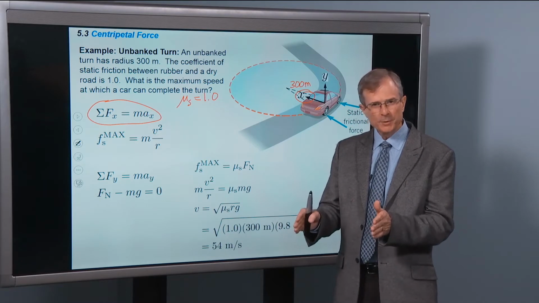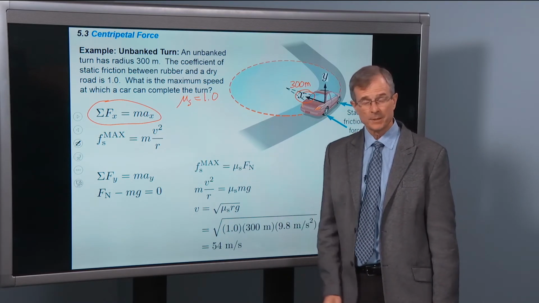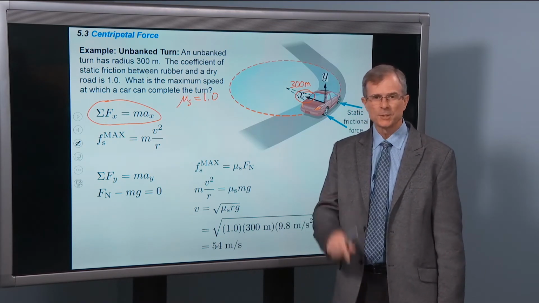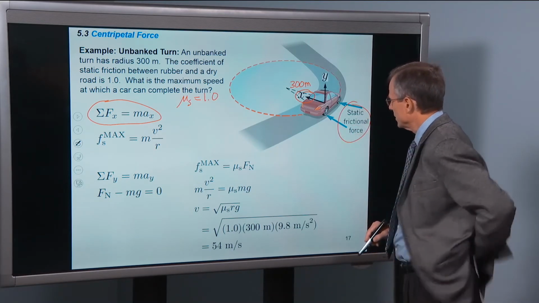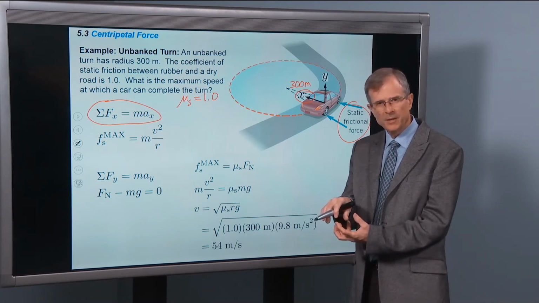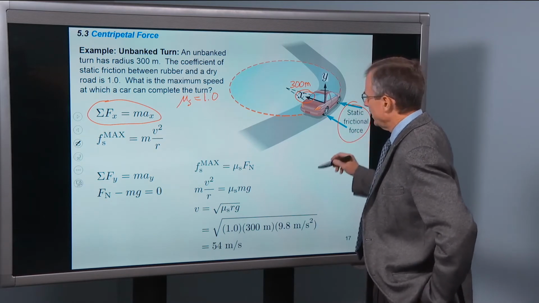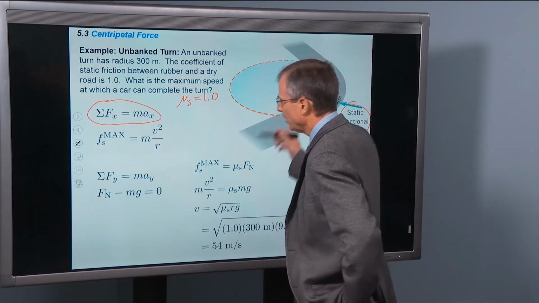If there were no friction between the wheels and the pavement, when you turn the wheel the car would still keep going in the same direction. You'd just be sliding right along. It's friction that turns your car. So we've got this static frictional force, since the tires are not sliding, they're gripping the pavement, or at least you hope they are. And the static frictional force is responsible for turning the car.